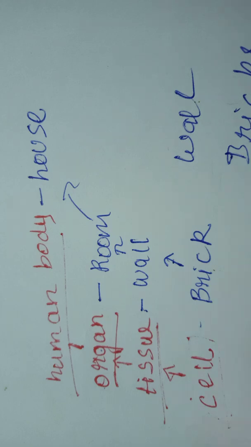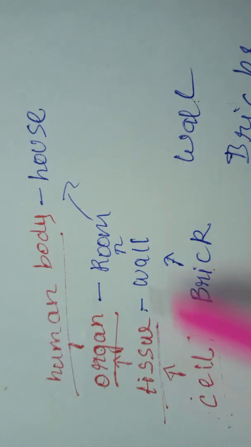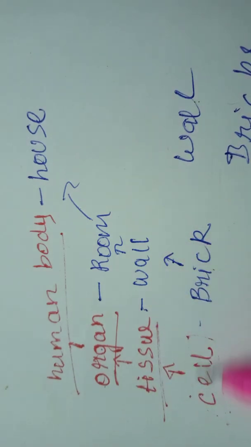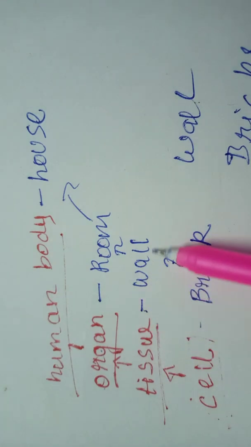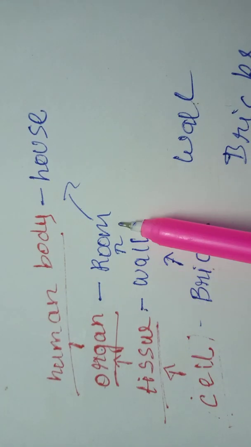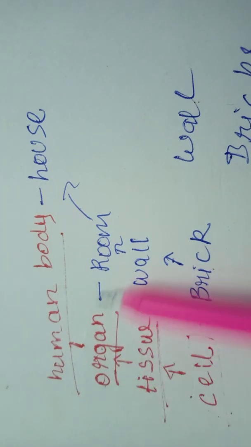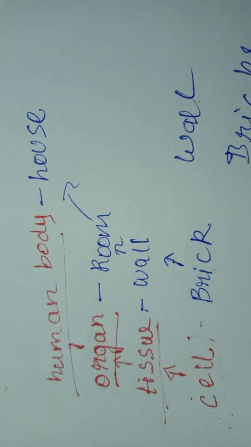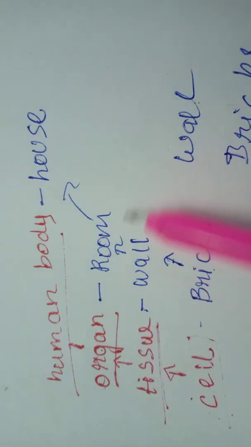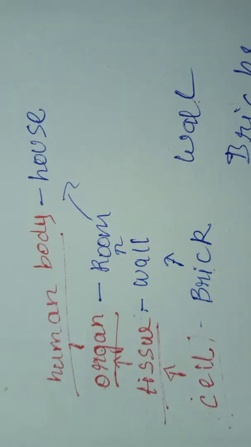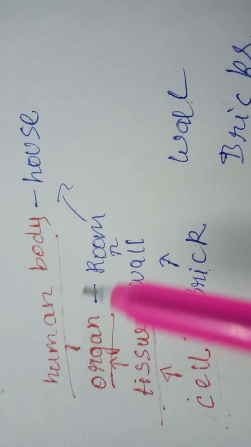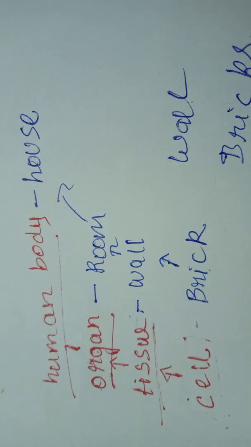A group of cells will become a tissue. And if you arrange the tissues, it will become an organ, like our hands, our heart, lungs, etc. And if you arrange the rooms, like kitchen, bedroom, hall, etc., it will become a house. In the same way, if you arrange these organs in a particular manner, then it will become a human body. I hope you have understood.